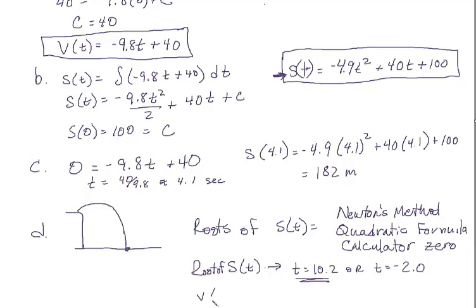So the speed is the velocity at 10.2, equals negative 9.8 times 10.2 plus 40. This would be at about 60, and I think we were in meters per second. And that concludes 4.9.